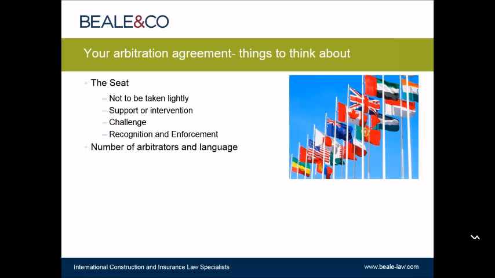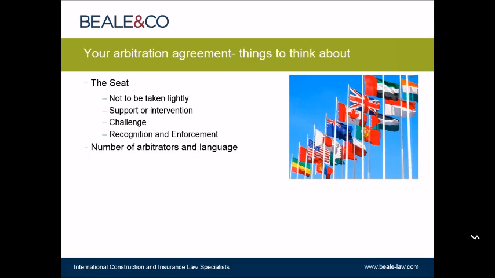Choosing the seat of arbitration is not a decision to be taken lightly, particularly as the seat of the arbitration can affect the arbitral process in a number of ways. What you may consider to be a nice vacation spot could turn into a nasty seat for your dispute.